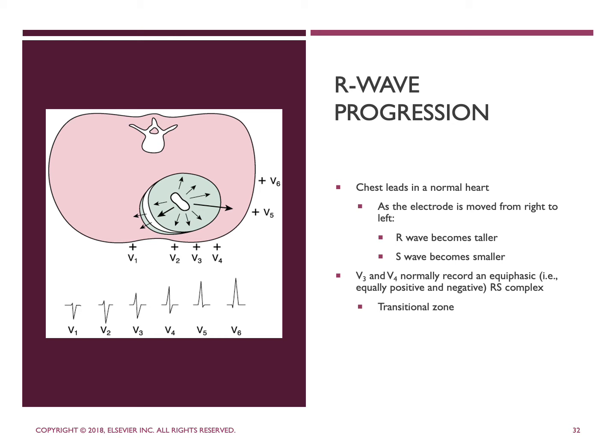The phrase early transition is used when the transition is seen in V2. Late transition describes a delay in transition until leads V4 and V5. Electrode placement in the correct intercostal space is absolutely critical in evaluating R wave progression.